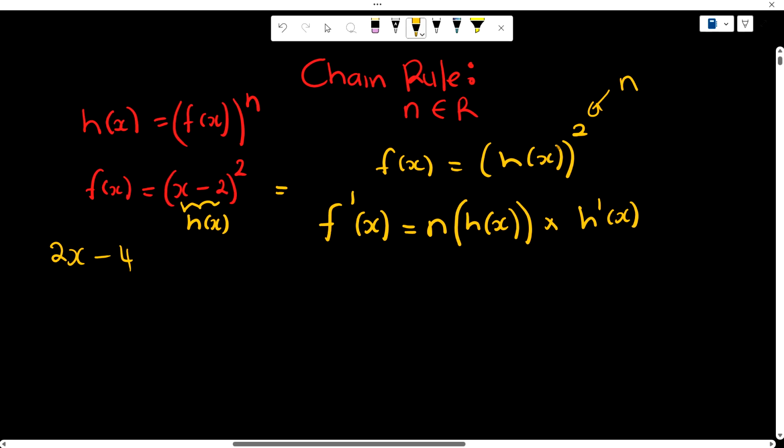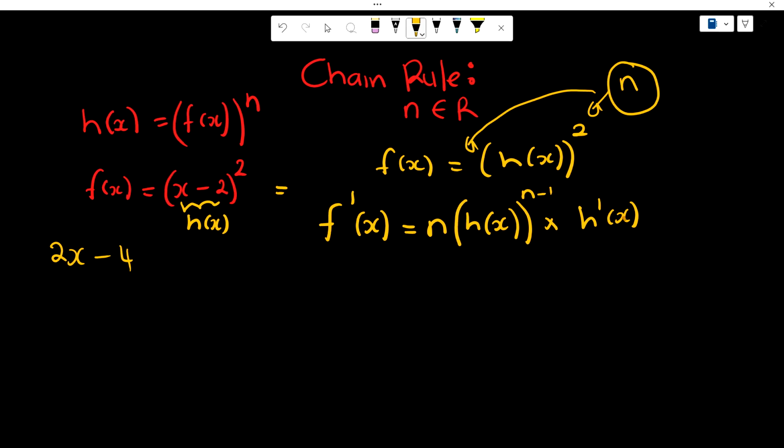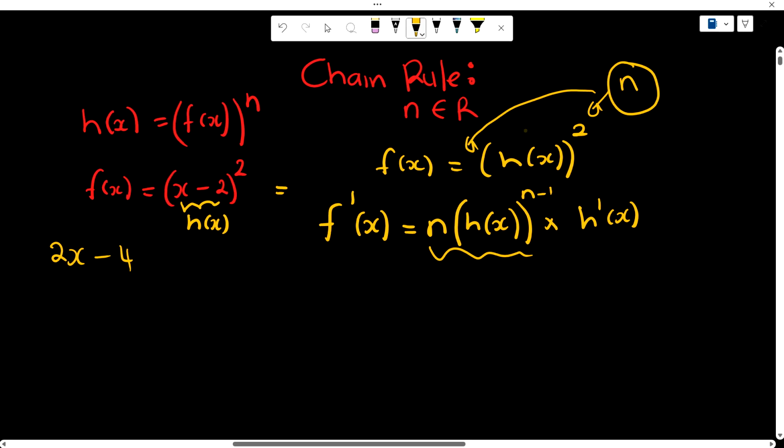Hope that makes sense. So you bring the n forward, and then you subtract 1 from the power, and then you multiply whatever you get by the derivative of the function.